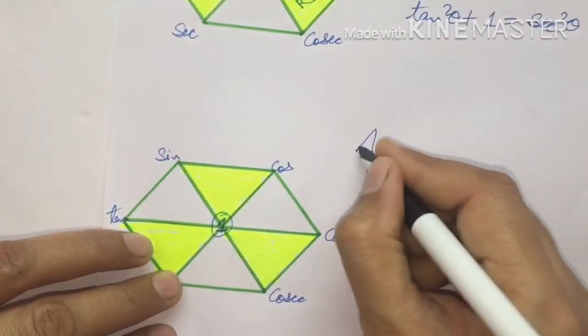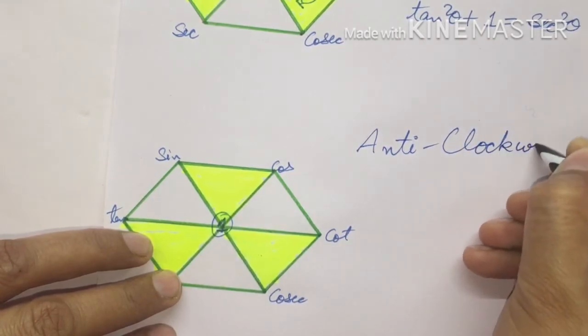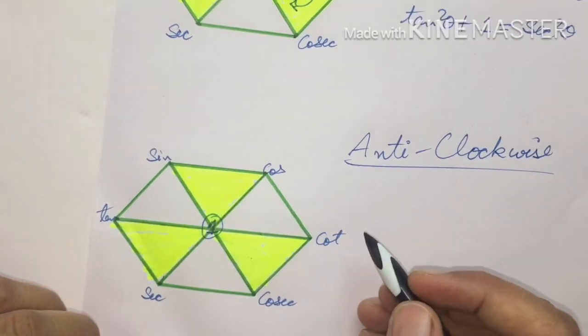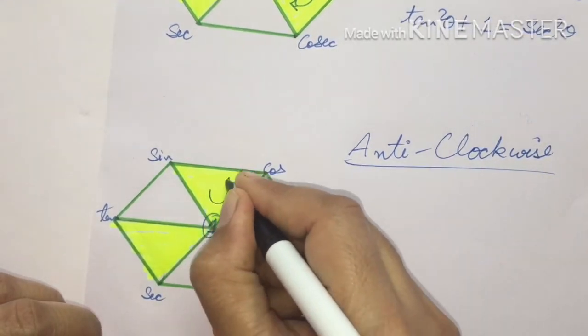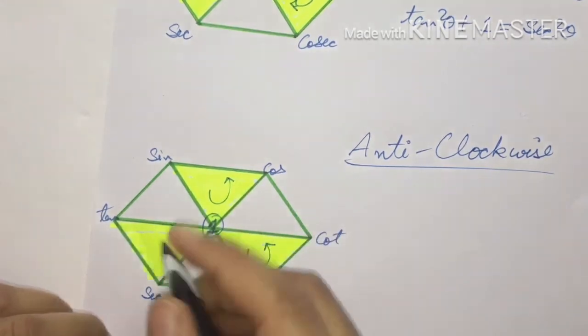If we move anti-clockwise, what will happen? Let's see. First I will draw the anti-clockwise arrows in these three triangles.